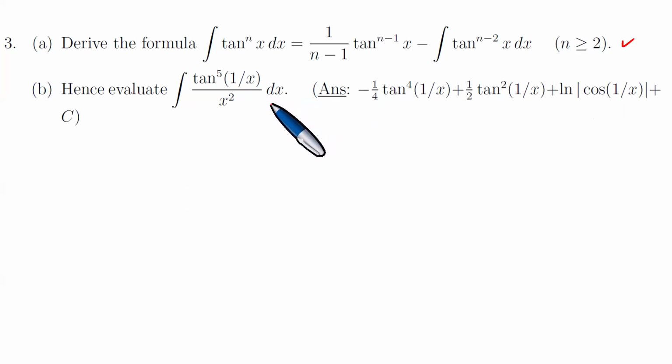Now we're going to evaluate this one. Here they said hence, evaluate this, and because they said hence, you're going to be using the reduction formula. But now you need to pause to reason out and see how best this can be done.